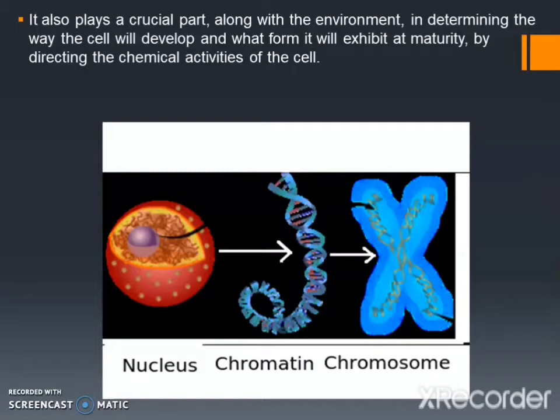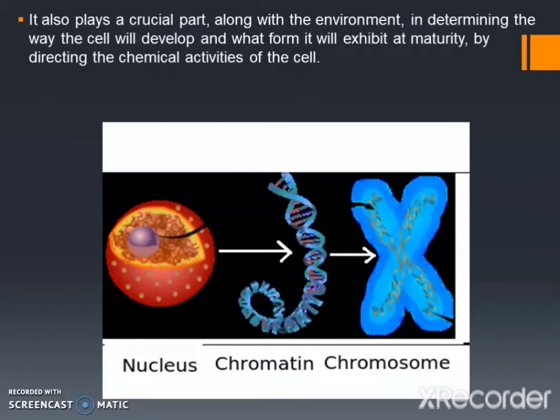And what do they determine? In determining the way the cell will develop. Okay, how does it play an important role along with the environment? It will help in determining the way the cell will develop. It is the one who gives instructions on how the cell has to develop and what form it will exhibit at maturity. So after the cell has completely developed, what will it be? Okay, and how does the nucleus do it?